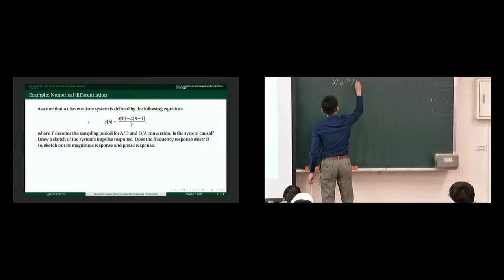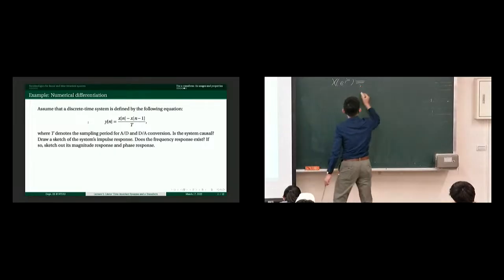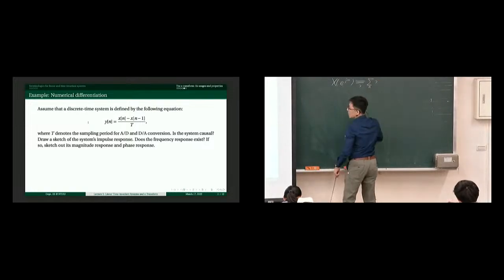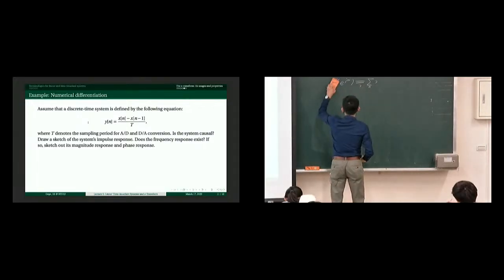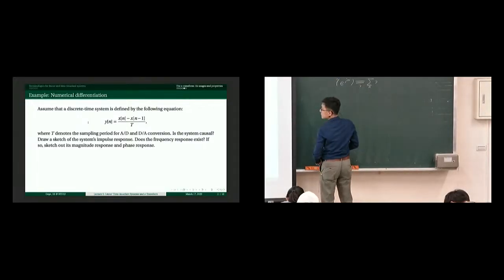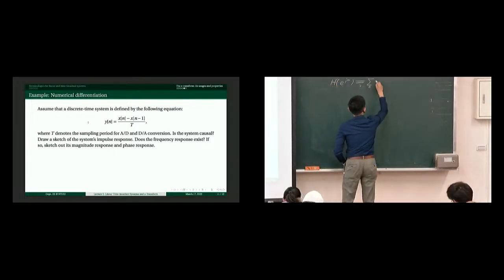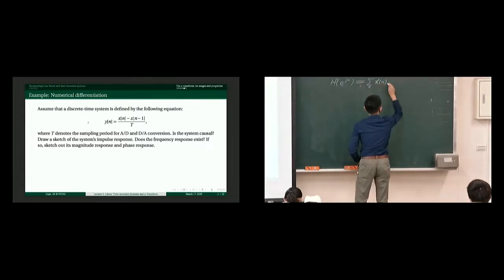By definition, the DTFT equals the sum over all n of, not x, I'm sorry, h[n]. That's the frequency response. By definition, it is an attempt to evaluate this summation, e to the minus j omega n.